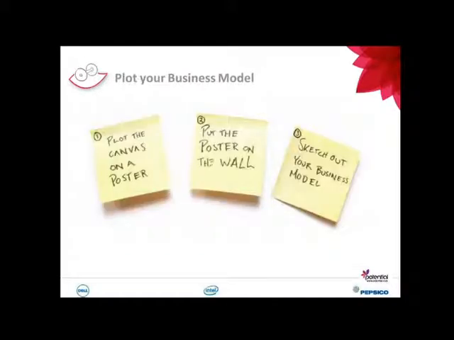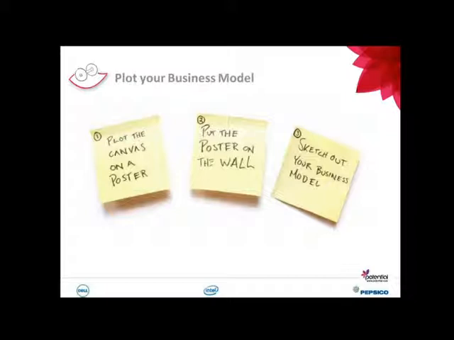Now, having explained everything about the business model, it looks very nice, but the question is, what next? So what are we going to do next about it? The easiest answer is for you to actually start drawing or start trying the business model of yours. So what you do is you actually plot it on a poster and hang it so that everybody can have access to it and can have a good look at it, and then sketch out or start actually drawing your business model.